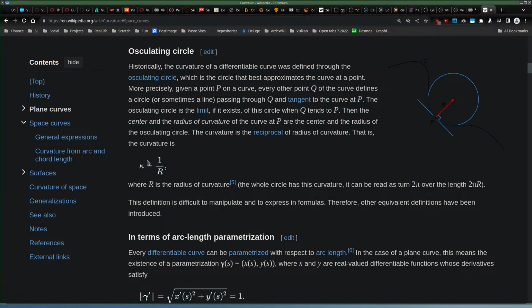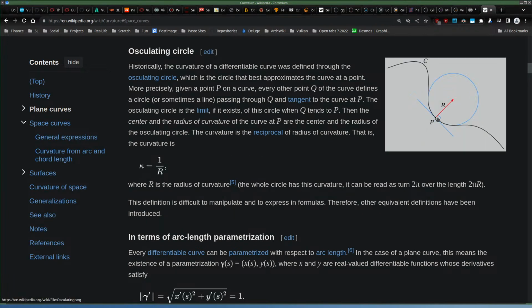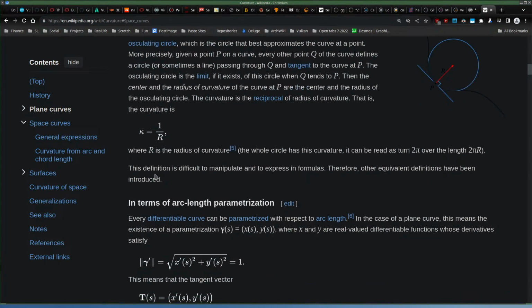And my k points in the same direction, but then has a length of 1 over that.